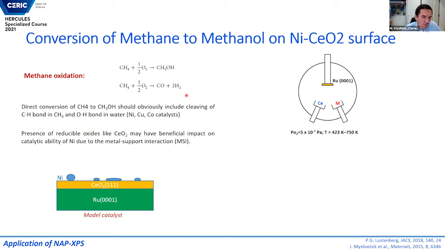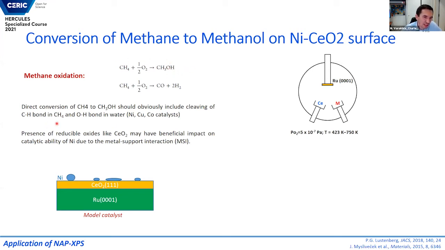Of course, this is not the way we want. If you want to convert methane to methanol, you want to remove just one hydrogen from the methane, move this hydrogen to oxygen, make some OH, and then this OH interacts with CH3, and you form methanol directly. This is the reaction we want to have.